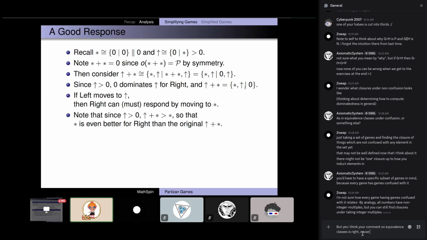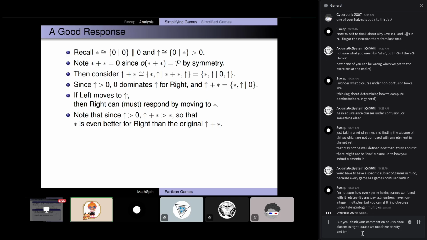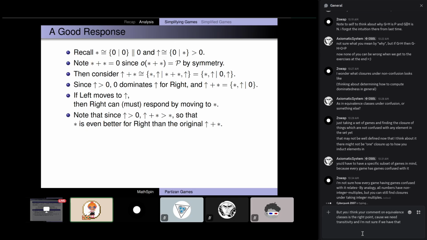And so if left is choosing to move to up, she must be ready, like in some broader sum, for right to move to star, even though star is better than up plus star for right. So left must be prepared for that good response.